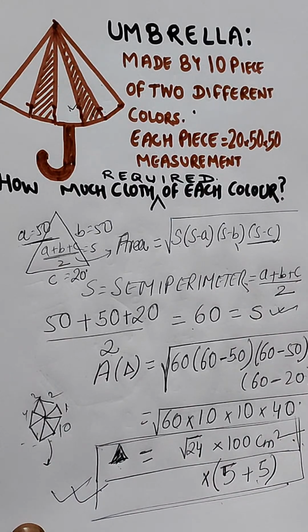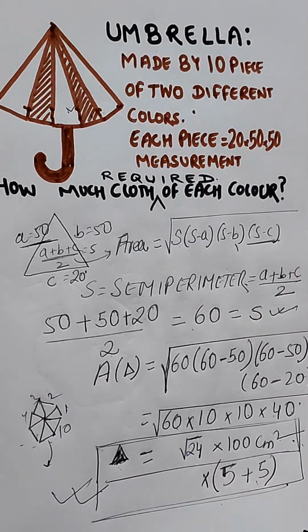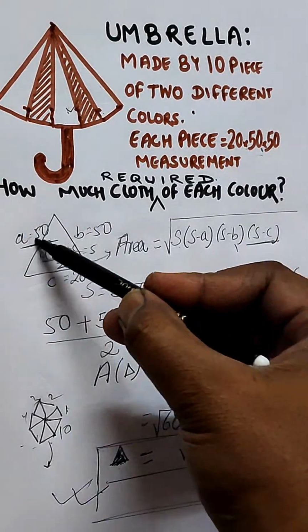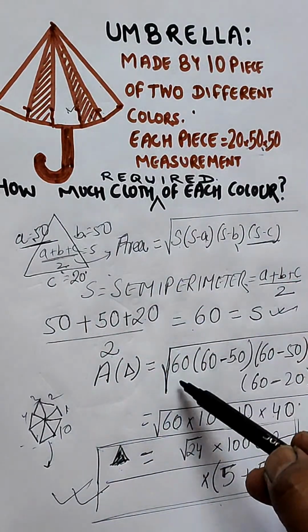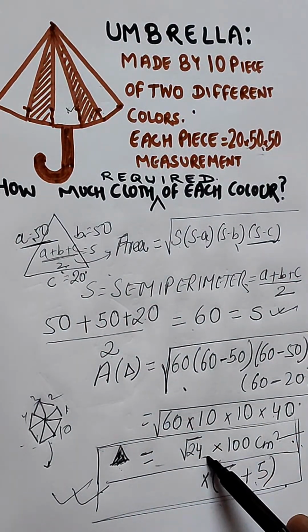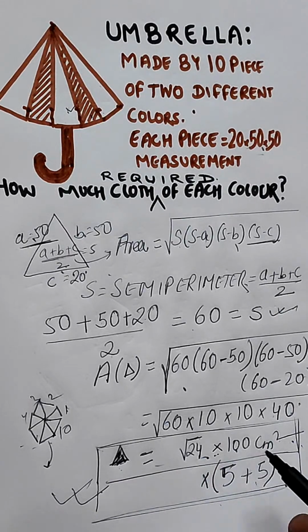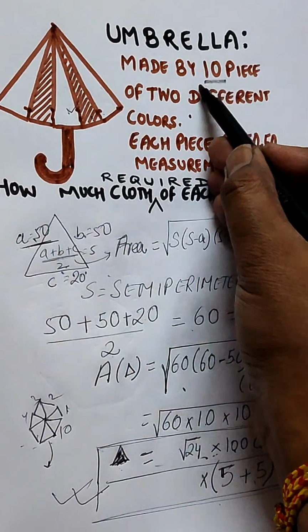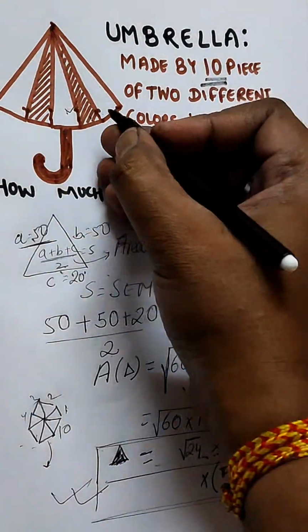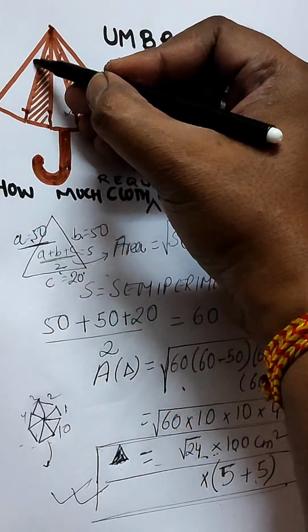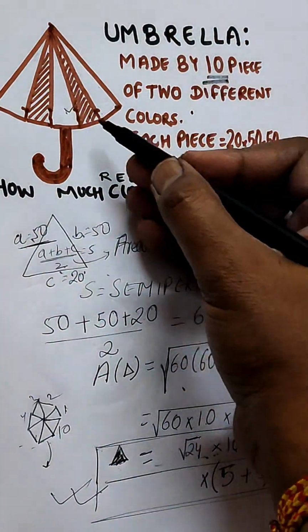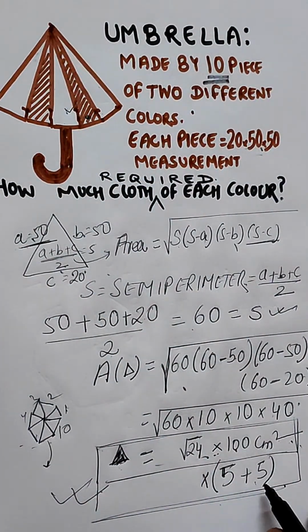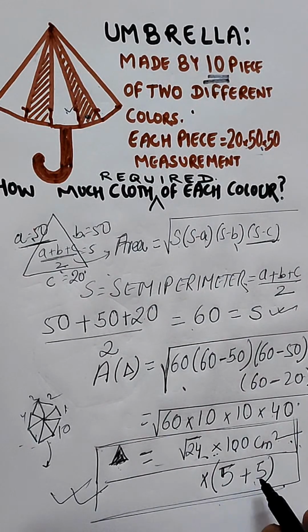So what we did, the dimensions as given for each piece, we have used these dimensions to calculate the area of one triangle. So the area of one such triangle is root 24 into 100 centimeter square. This will be multiplied with 10 pieces, right? Because here you can see 10 pieces, that means 5 of this color and 5 of another color, total 10.